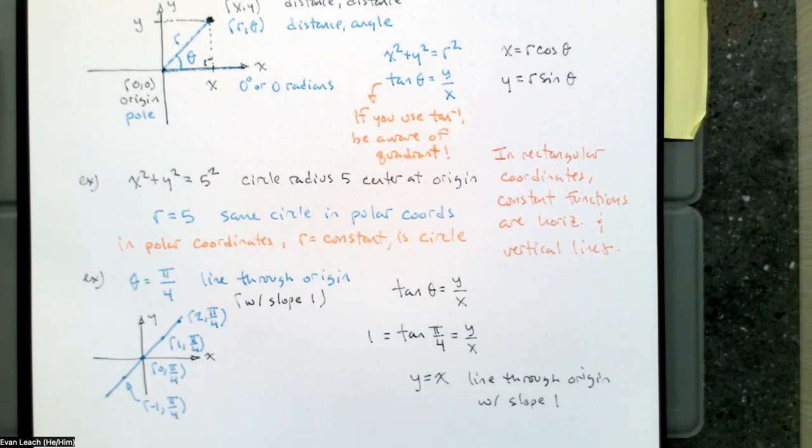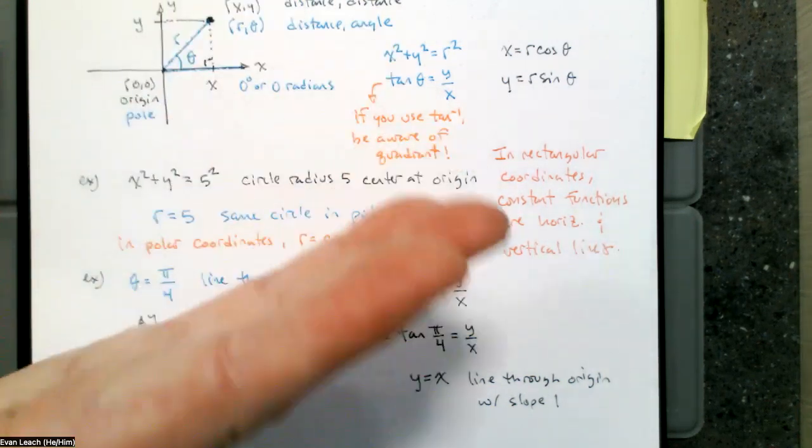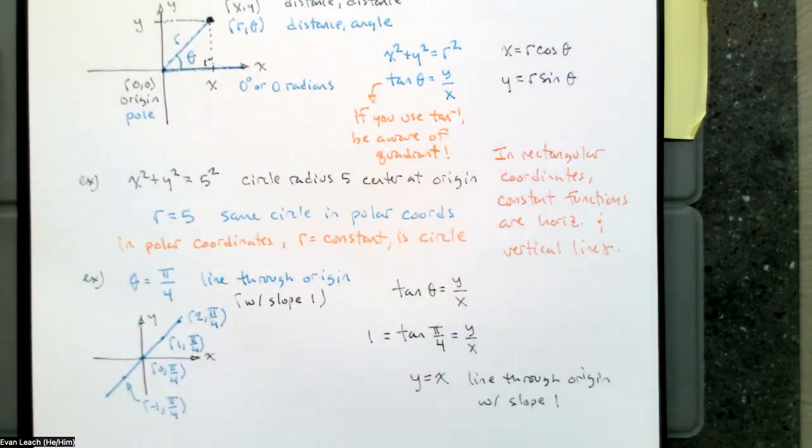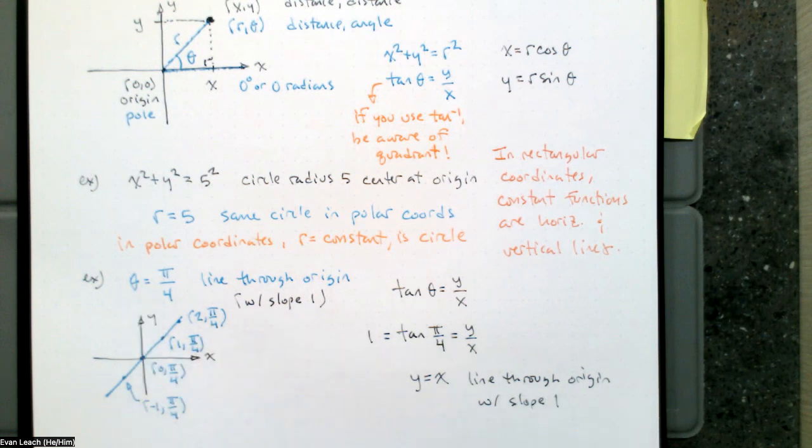So the cool thing is, now that we've seen what our r equals constant and theta equals constant look like, just different values of theta will change the angle of our line. So theta equals pi over 6 will be a 30-degree angle. Pi over 3, pi over 2 would be this vertical line through the origin.